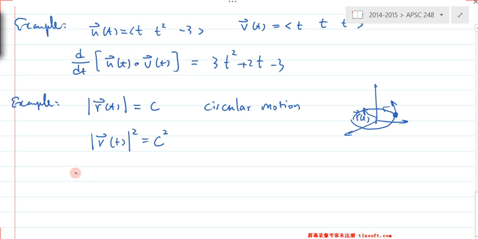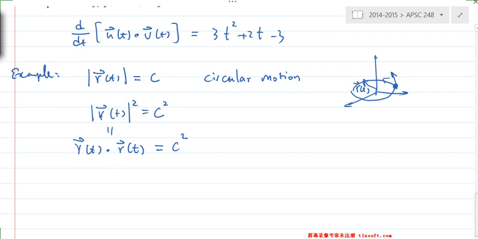It's actually a dot product, right? Of course, the square root of this gives you back the magnitude. So this equals this, and that equals, let's say, c squared.